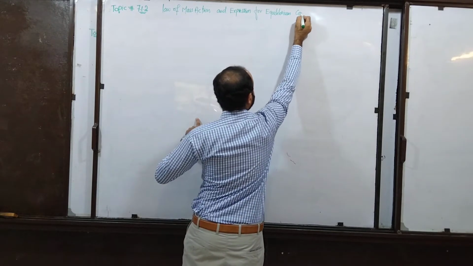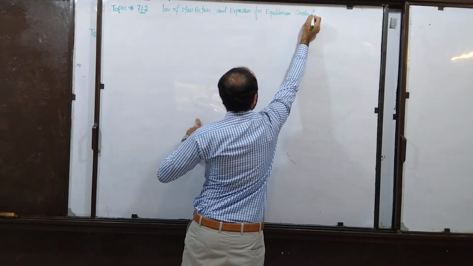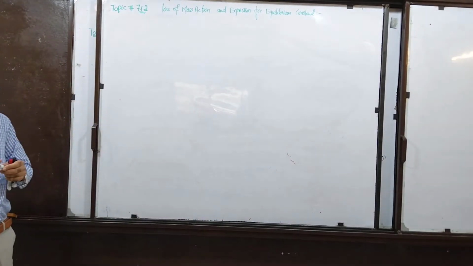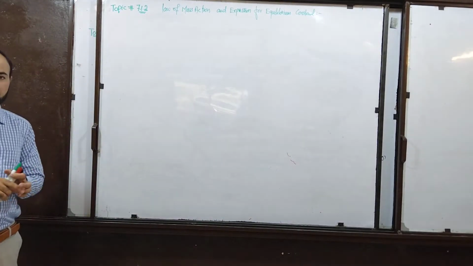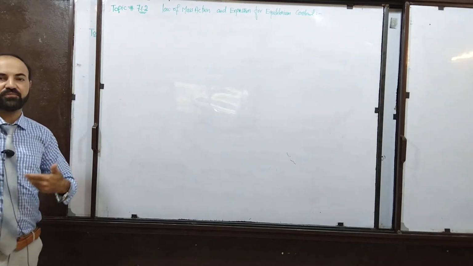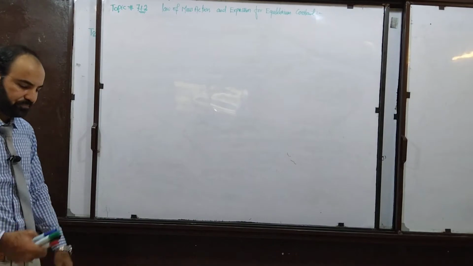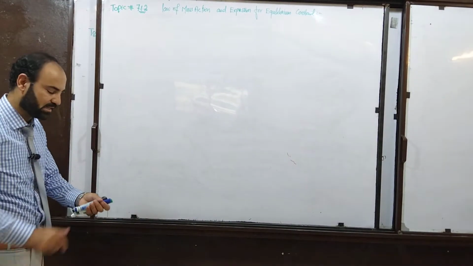Okay, we will discuss what an equilibrium constant is. In the topic of the law of mass action, we will see the expression for the equilibrium constant and how we derive it for different reversible reactions. So what is the law of mass action?